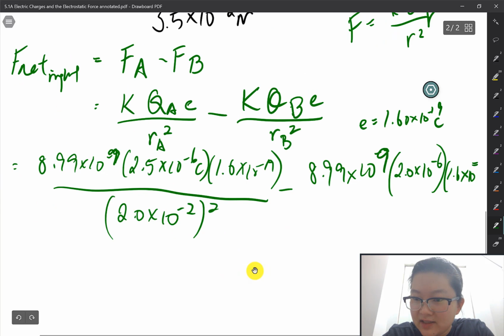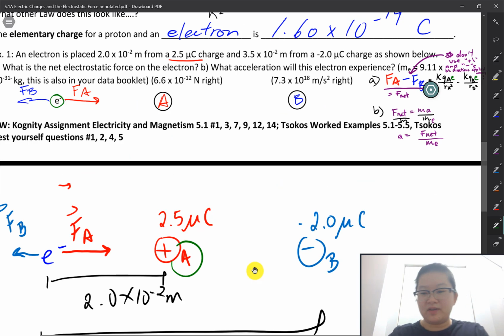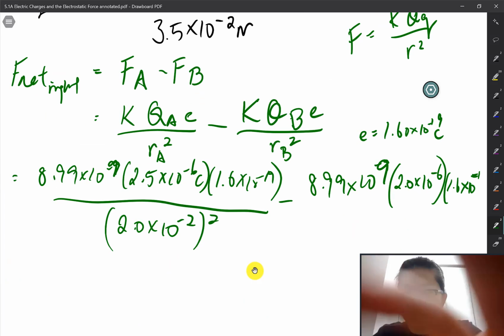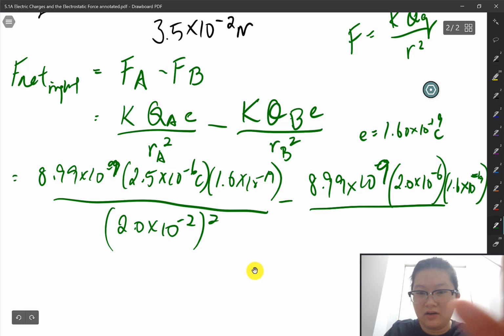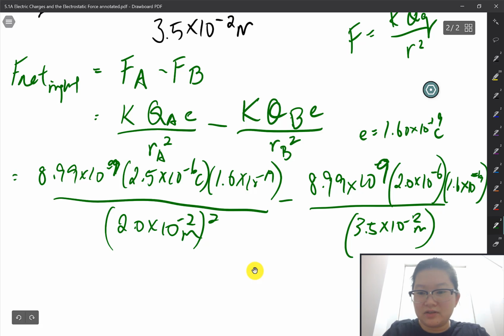That's negative 19. My computer is really slow right now and doing all sorts of funny things. Okay, there it is, all over 3.5 times 10 to the power negative 2. This is in meters, so that should be meters squared.